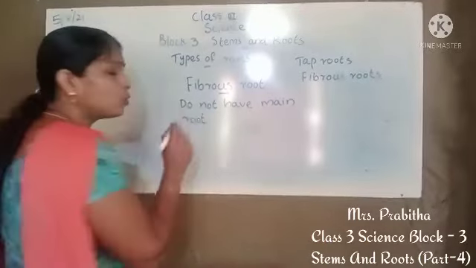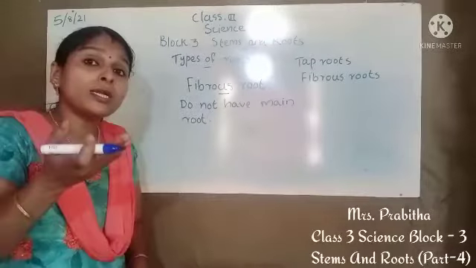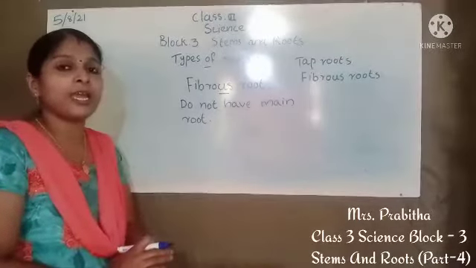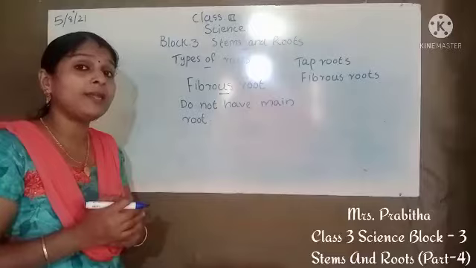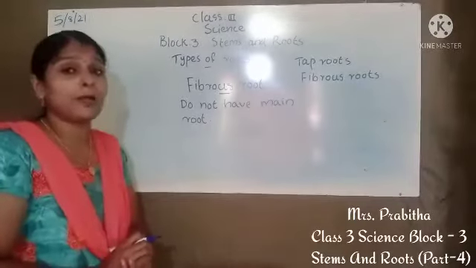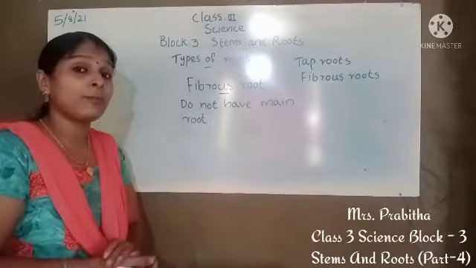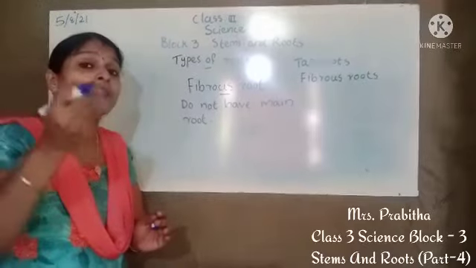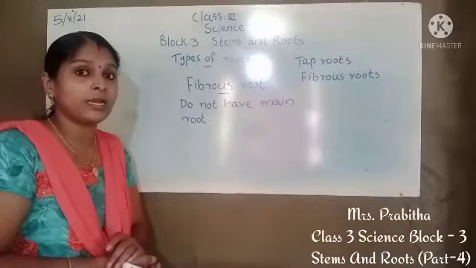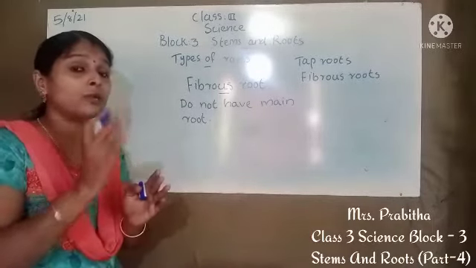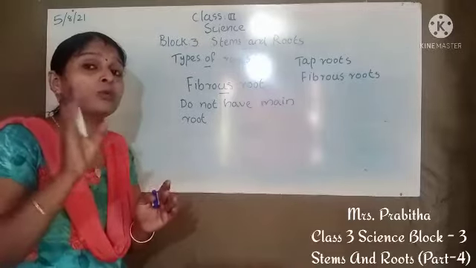And some small roots come from the bottom of the stem. So from where are these roots coming? Bottom of the stem. But in the case of tap root, small roots come from the primary root, right? One main root will be there, and on the main root the other roots come.